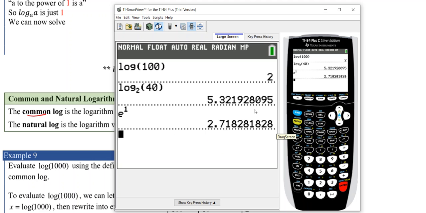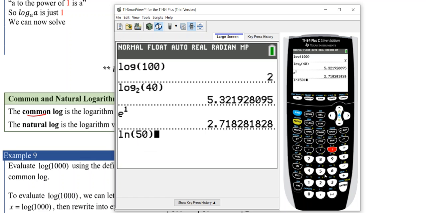And the opposite of this is the natural log, the inverse function. So if I type in the natural log, ln of 50, that really is the same thing as typing in log base e of 50.